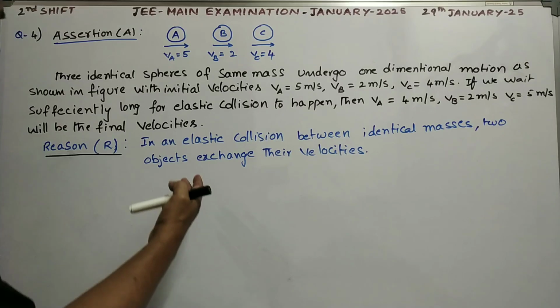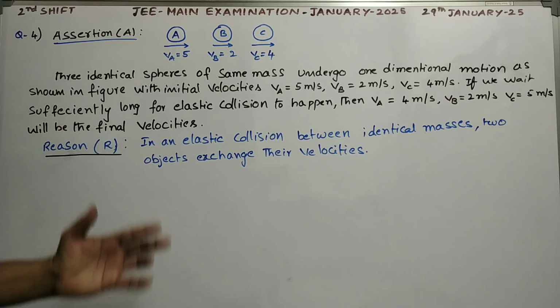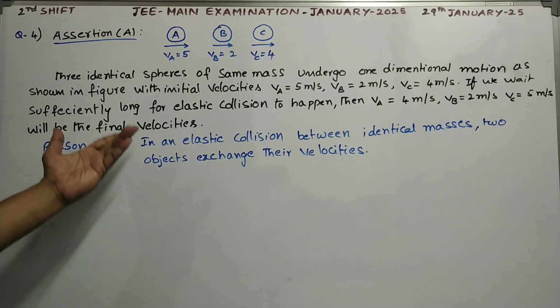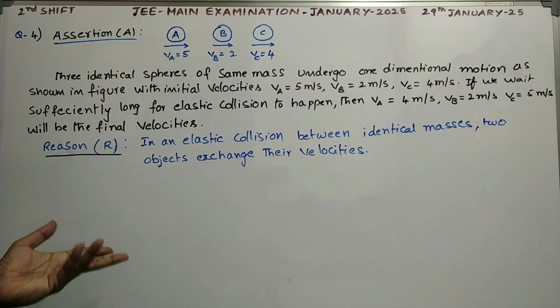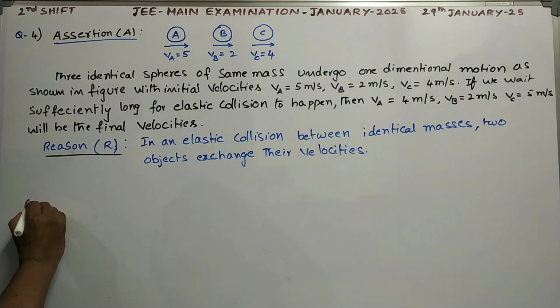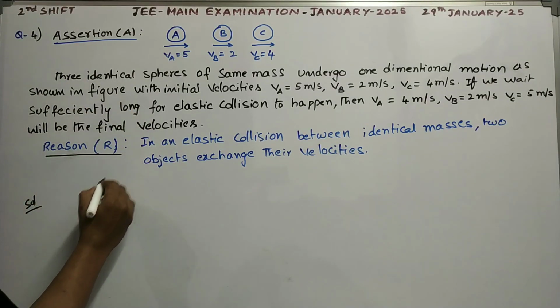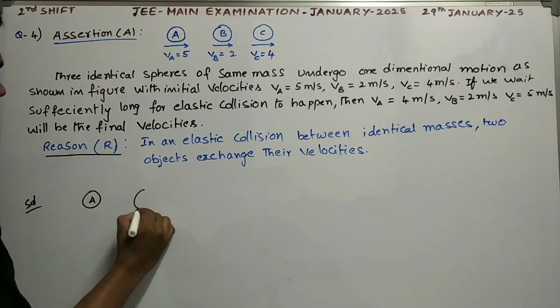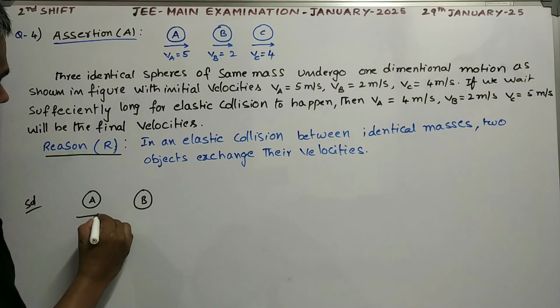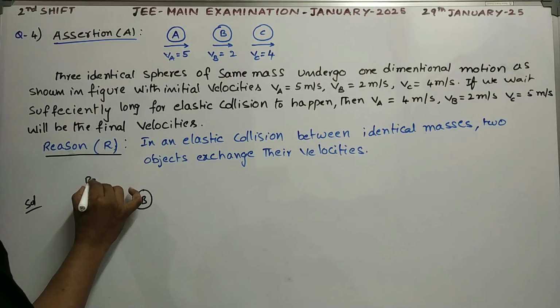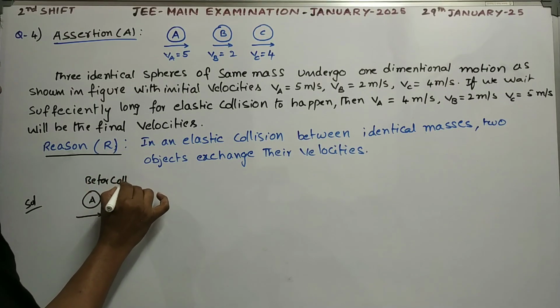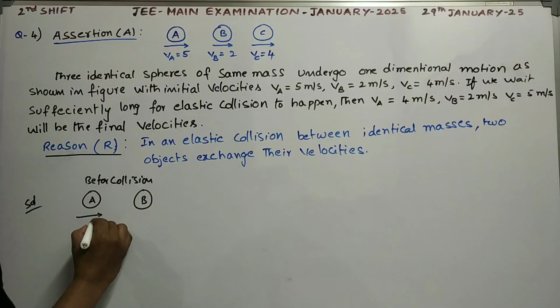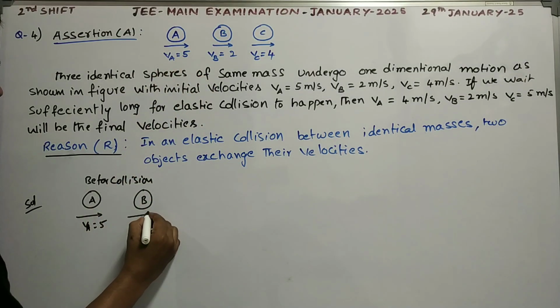Okay, by seeing the statement itself in the reason, it seems to be correct. But whether the assertion is correct or not, we should verify it. First two bodies: this is A and this is B, before collision. Before collision, the velocity of A is 5 meter per second, velocity of B is 2 meter per second.